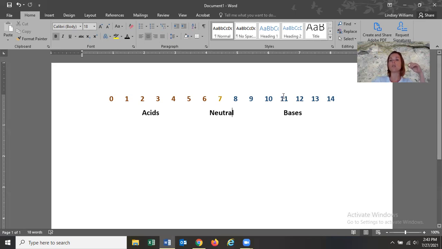If I jump down to neutral, to 7, that's 1, 2, 3, 4 jumps, okay? 10 to the 4, and count it with me, all right? 11 to 10 is 10, to 9 is 100, to 8 is 1,000, to 7 is 10,000.